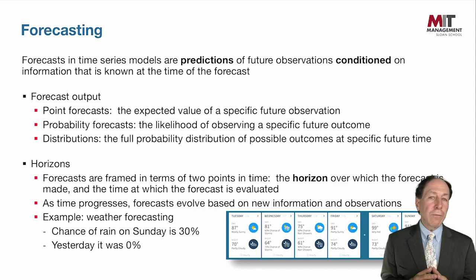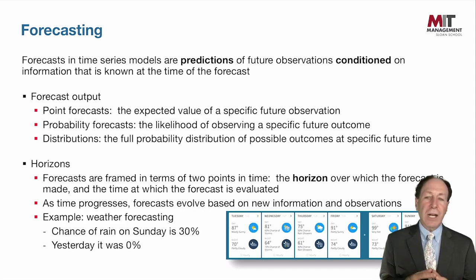We may have rolling forecasts. We may have forecasts where we move both the current time and the deadline, or very commonly, we have forecasts for a particular date, an earnings release date, an end of a fiscal year, or picnic weather for this Sunday, where as time evolves, we may be interested in the same terminal date, which may be fixed on the calendar, but we have new information that arises and we can update our forecasts.